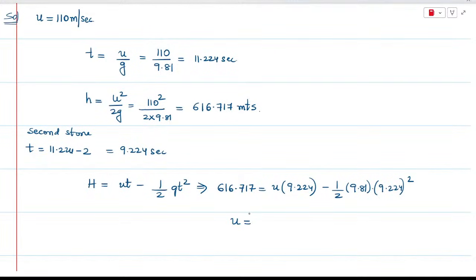Upon calculation, the value of u will be greater than 110.